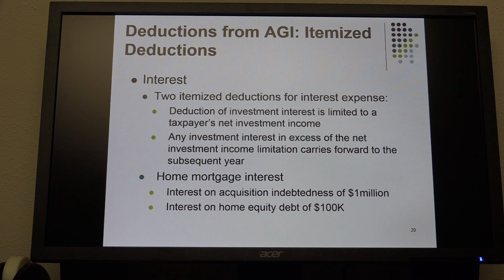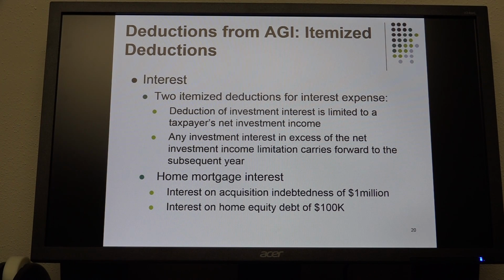So if you borrow money to invest in some sort of investment and you pay interest on that debt related to the investment, you get to deduct that to the extent of net investment income, and any excess in the interest is carried forward to the next year.